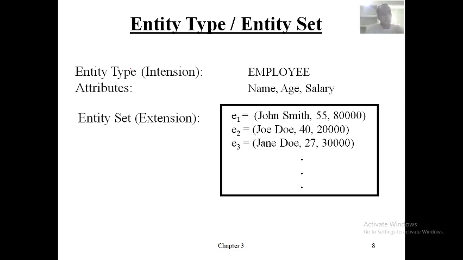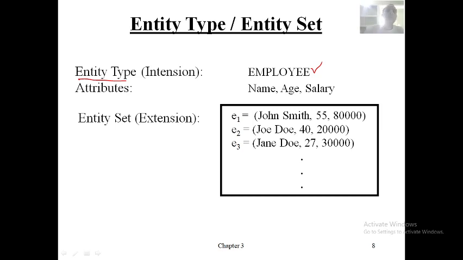Here, just now I told entity type and entity set. See here, the entity type is Employee. Department is an entity type, project is an entity type, employee is an entity type, borrow is an entity type, student is an entity type, book is an entity type, and so on.